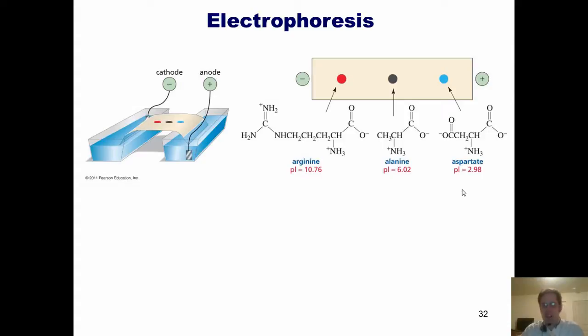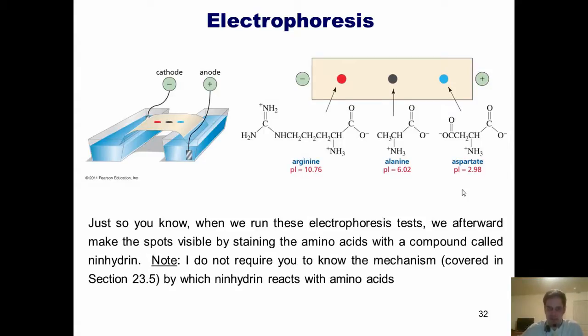Now once we finish doing the electrophoresis, we have to have some way of actually seeing the individual amino acids that have been electronically dragged across our paper or gel. How do we do that? Well, we stain them using a chemical compound called Ninhydrin. Now if you want to know more about how this works, please consult section 23.5.